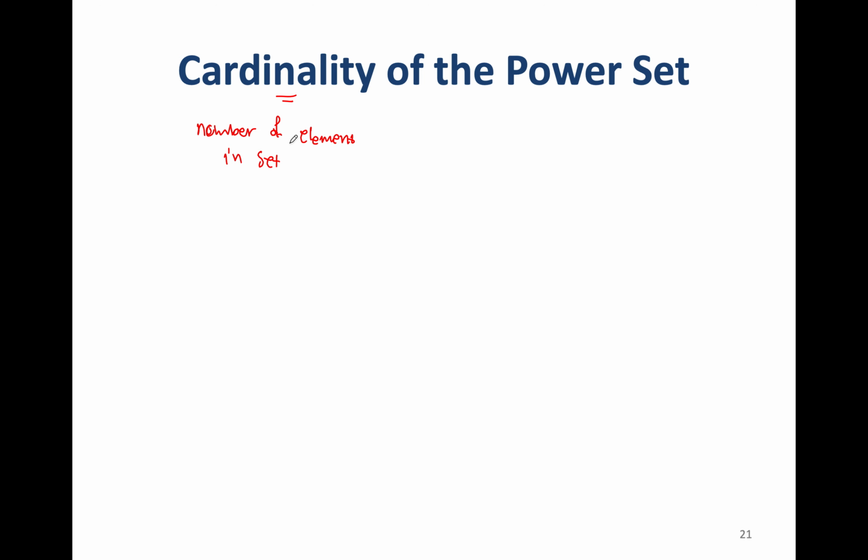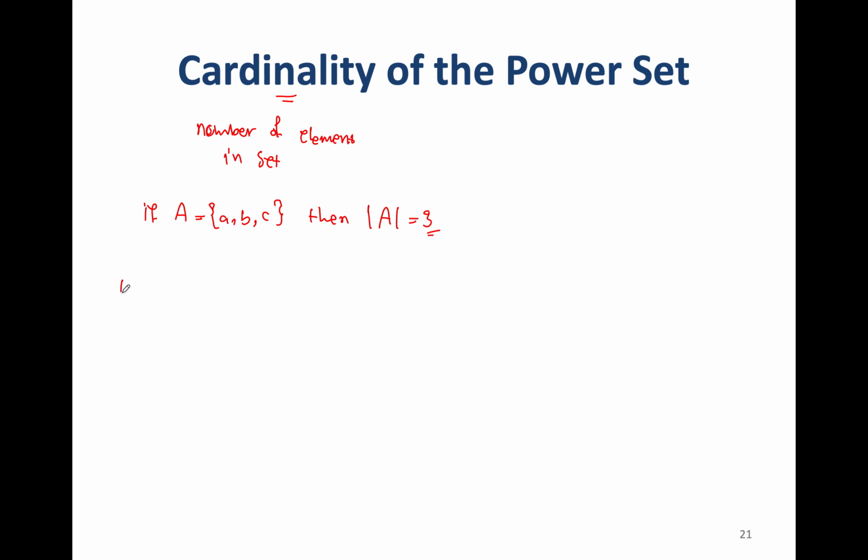For example, if A equal to {a, b, c}, then the cardinality of A is equal to 3, which is the number of elements in my set.